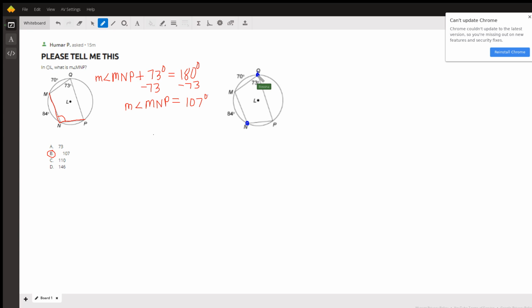So what I'm tracing here is this arc, and I'm going to find its degree measure. So 84 degrees plus 70 degrees is 154 degrees. That is the measure of this arc right here. Now we have an angle that we want to look at, which is NPQ.